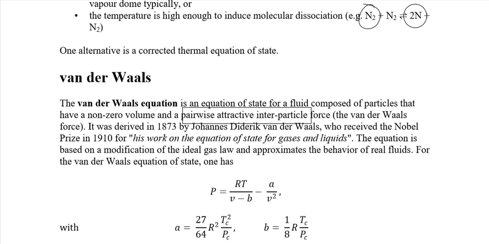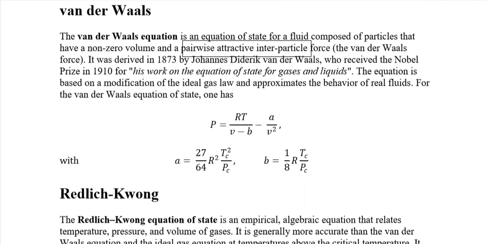It was derived by van der Waals in 1873, and he received a Nobel Prize in 1910 for his work on the equation of state for gases and liquids. This equation is based on a modification of the ideal gas law, and it approximates the behavior of real gases.